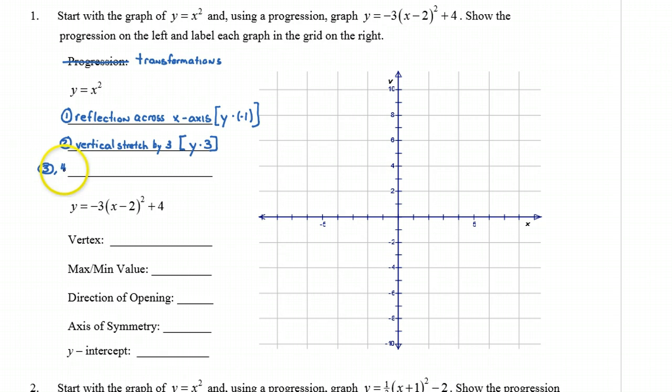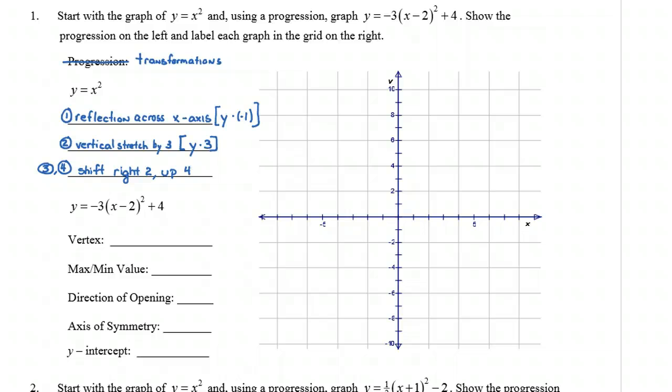I'm going to put transformation 3 and 4 here on the same line. We see we have a shift 2 units to the right and a shift 4 units up. So we're going to shift right 2 and up 4. That's the progression we need to go through from our parent graph of y equals x squared.